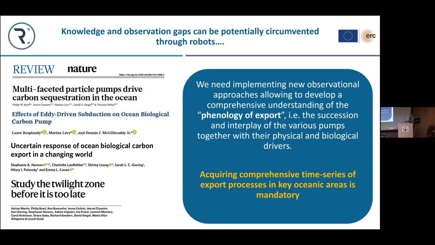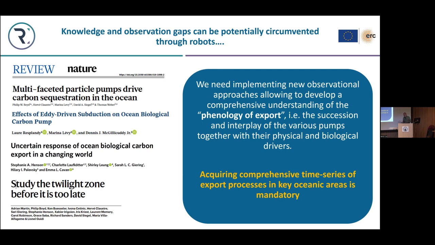All this shapes the way our community is thinking now: we have to find ways to circumvent our knowledge and observational gaps. I will argue that we need to acquire comprehensive time series of export in key oceanic areas, and for this I like the concept of phenology of export, meaning the succession and interplay of the various pumps together with their physical and biological drivers.